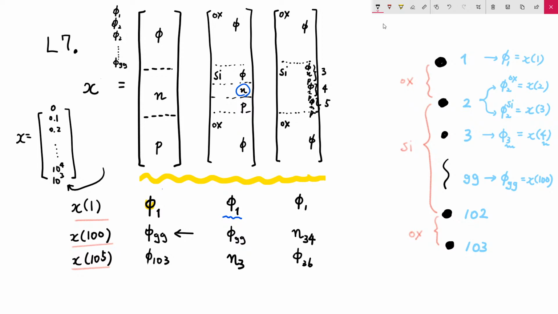In reality, you have to understand the meaning of this number 0. Depending on your way of arrangement, sometimes it can be 0 volt, or it can represent that you have no electron density at all, or no hole density at all. So keep the information.